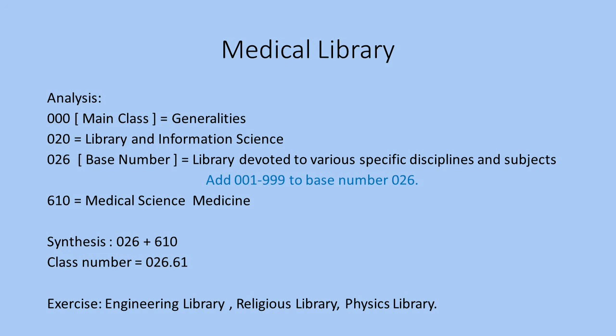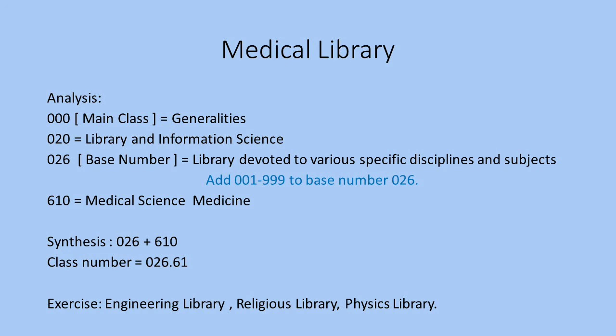Okay, our base number will be 026, and we can add the notation from the schedule. For the specific subject we can add the specific subject from the schedule. Here is the instruction. Without this instruction we cannot add. Okay, so there is the instruction, so we can add the specific subject.